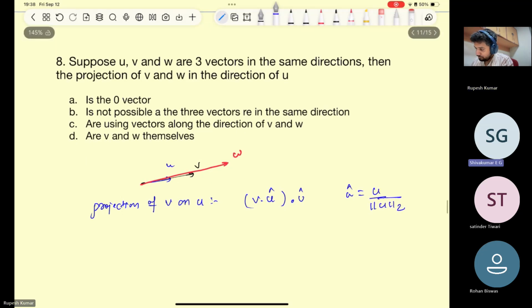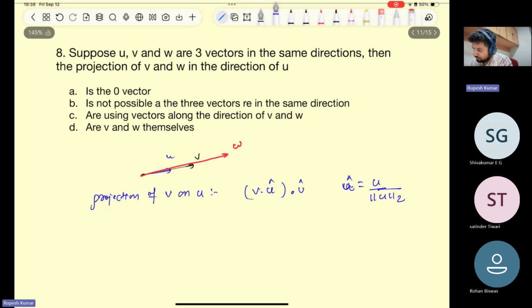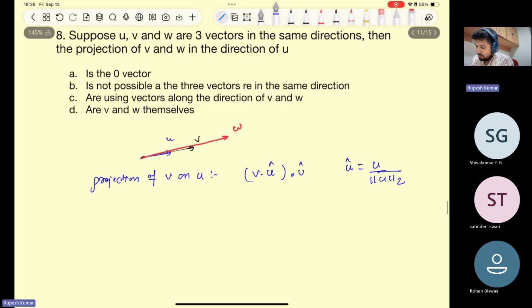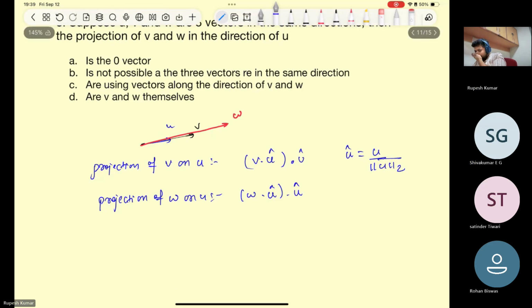This is u cap, right? And projection of w on u is essentially w dot u cap times u cap, right?